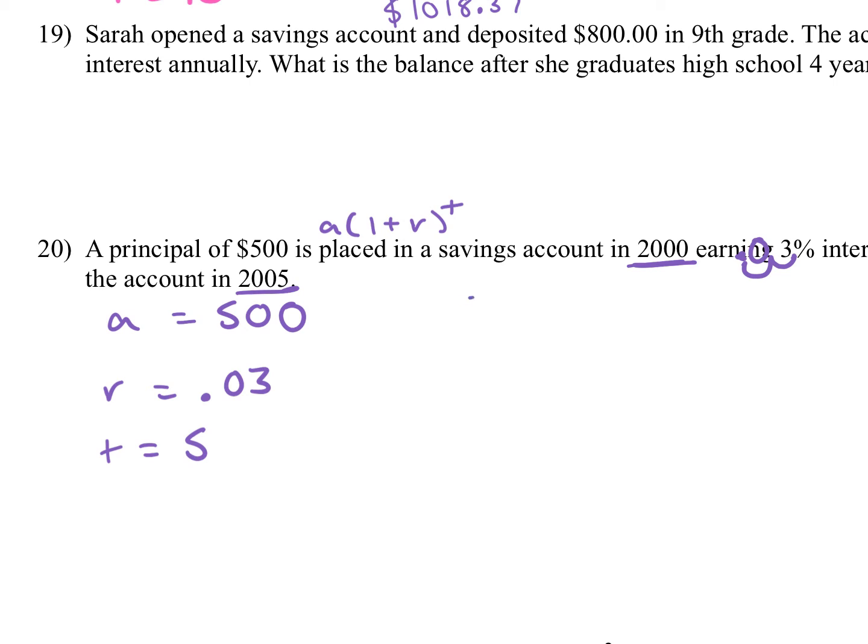So let's plug it all in. Always move the decimal twice, yes. So 500 times 1 plus the rate to the power of 5. What do I have to do first? The parentheses. So 1 plus 0.03 would be 1.03. What do I do next?